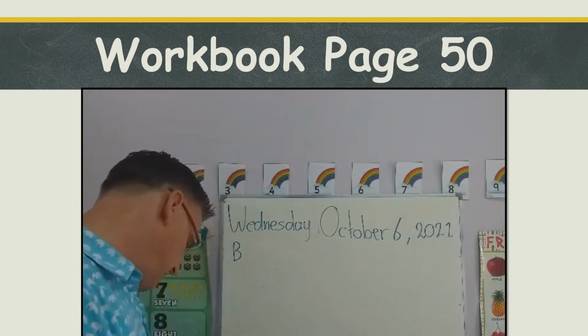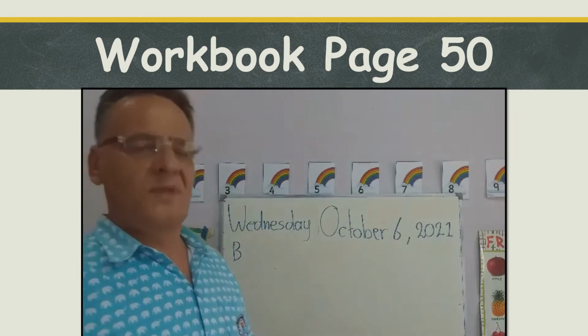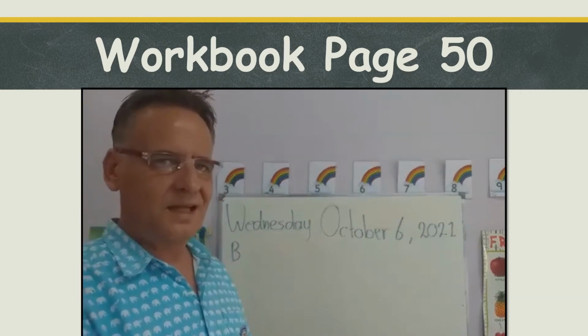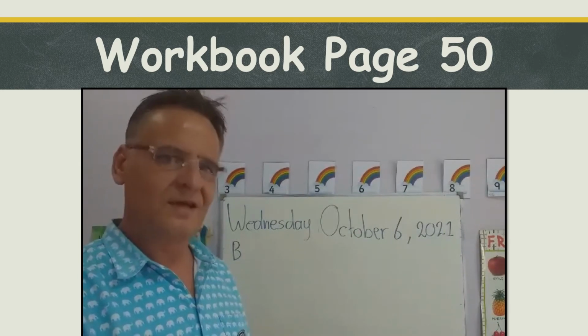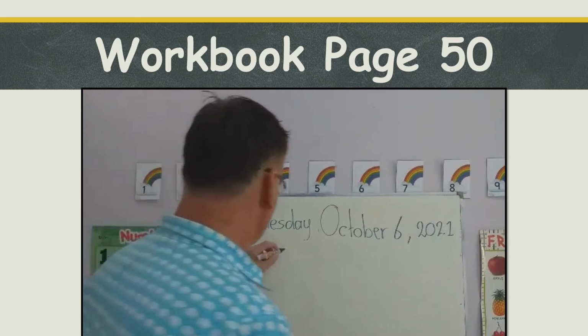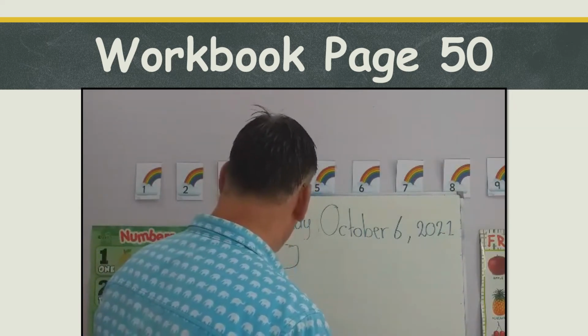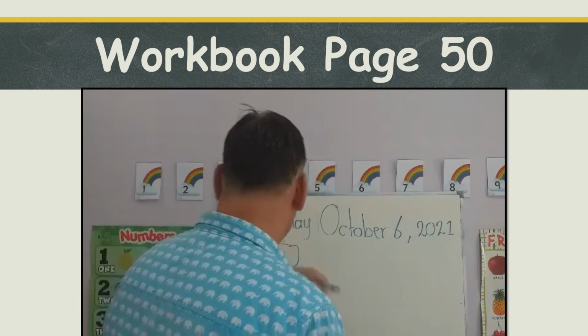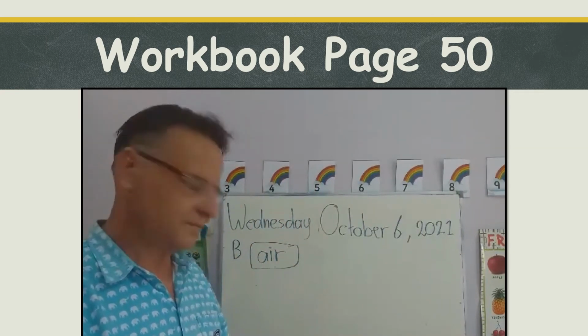Look at the first picture, the boy and the girl. They stand there. What is that thing that they need, that we all need to stay alive? Right, air. So in the box, you write air. Because that's one of the things we need to stay alive.